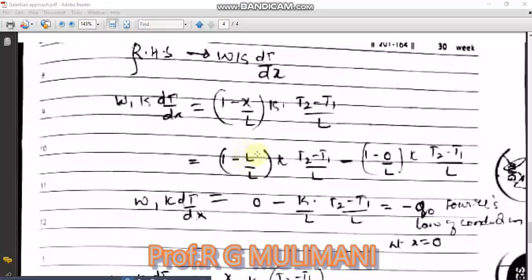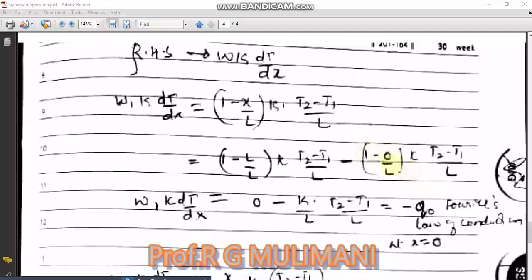You apply the upper limit and lower limit: first you substitute the upper limit, minus the same terms with the lower limit value. So the x value is L, minus the same value where x is 0. L by L is 1, 1 minus 1 is 0, and 0 into any term is 0, so the whole term is 0.